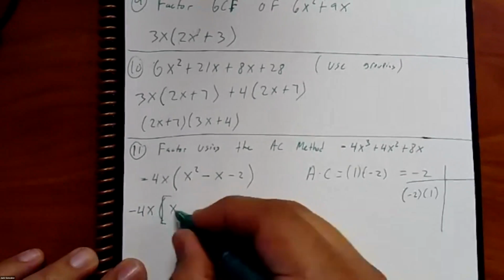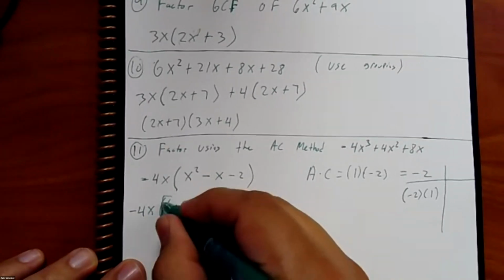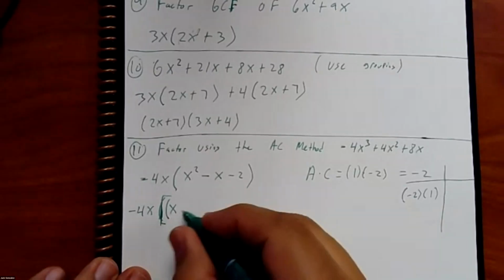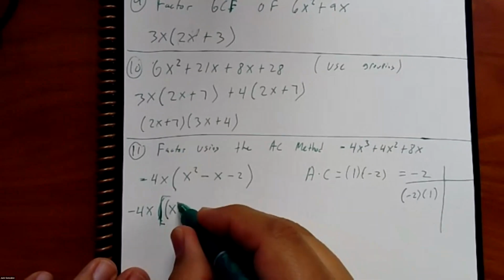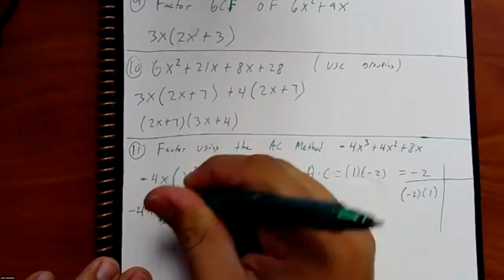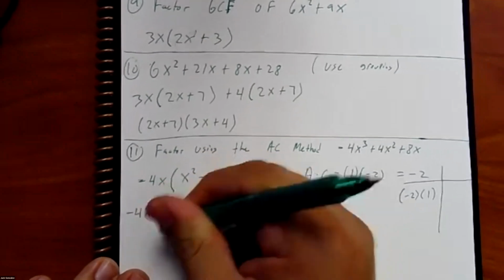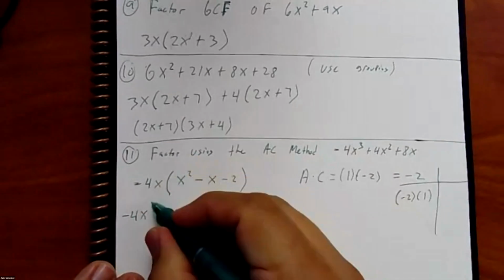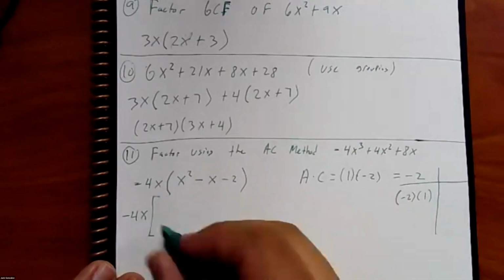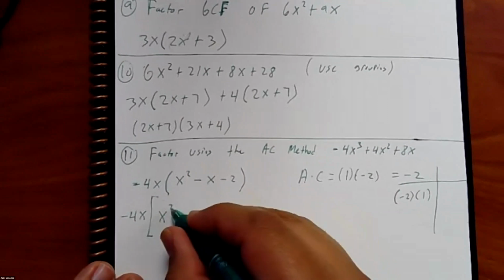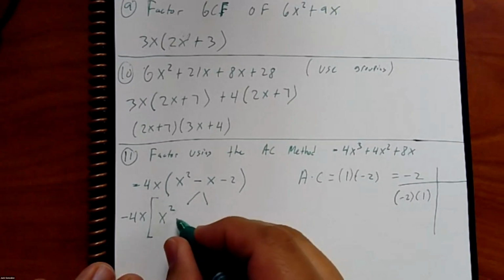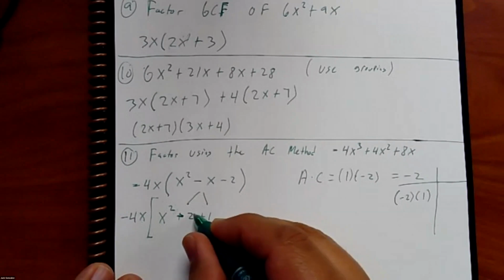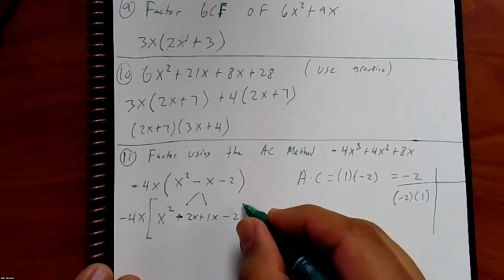Now I will use a bracket. So we're going to have x. Well, they said to use AC method, so hold up. So this becomes plus, now let's use minus 2 plus 1 minus 2.